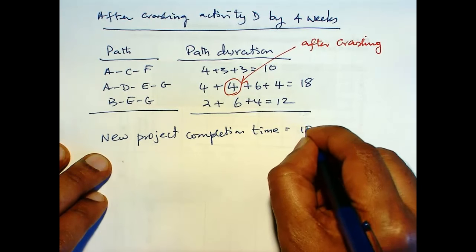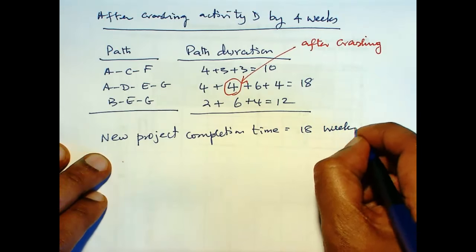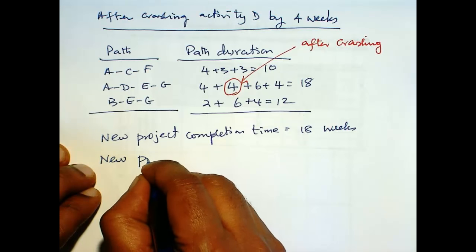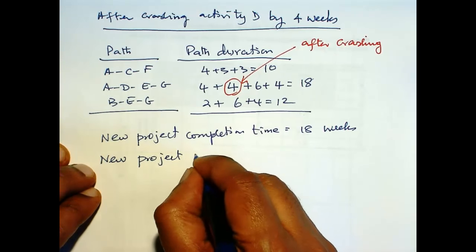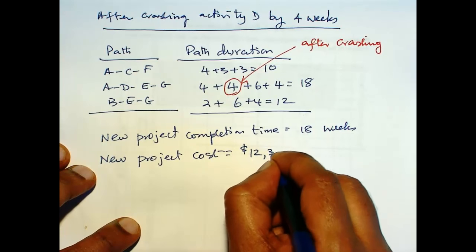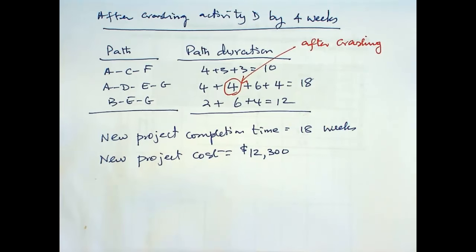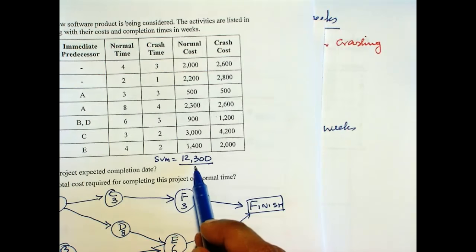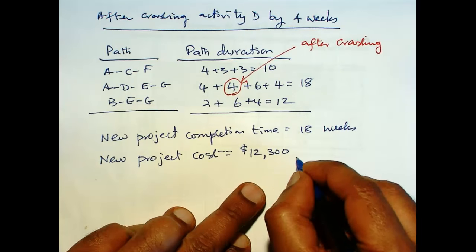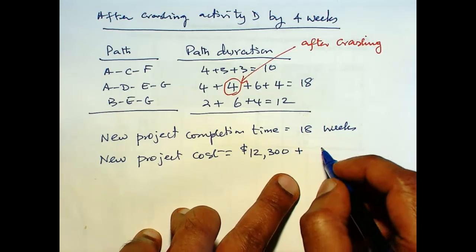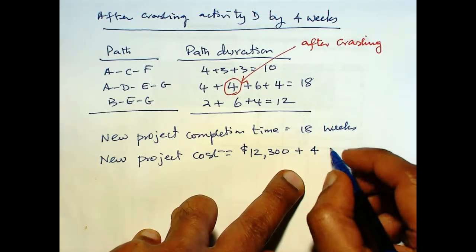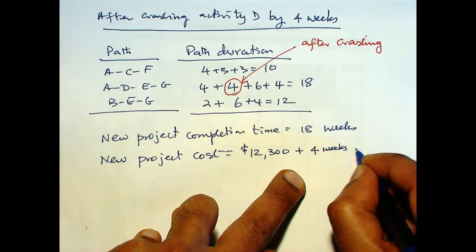Okay. The new project cost is, you have the old cost, which is 12,300. Remember we did that. So now we have crashed activity D by 4 weeks, so 4 weeks times $75 per week.